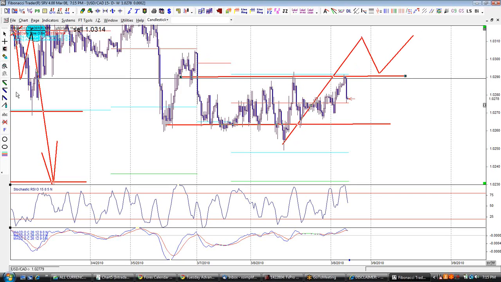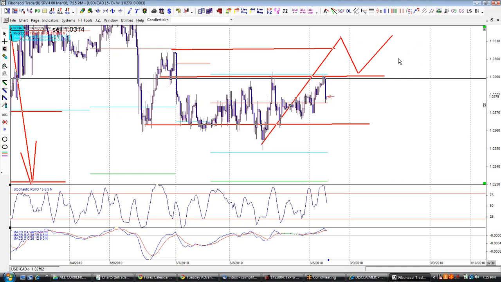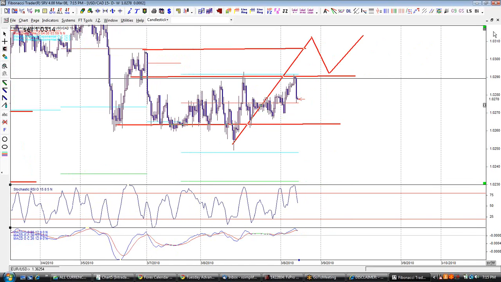But we want to make sure that on the breakout we'll take at least this high here. Otherwise, we'll still be trading inside the consolidation.